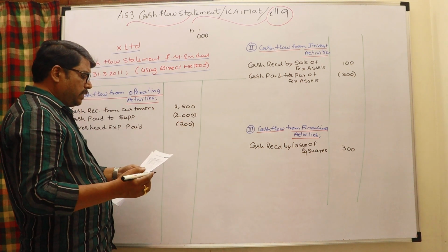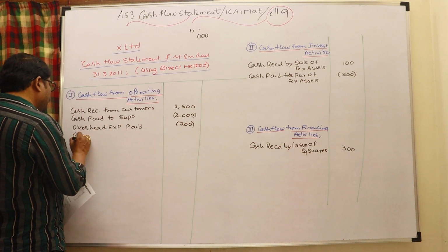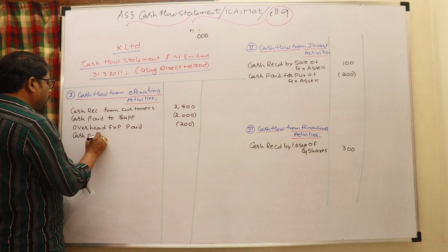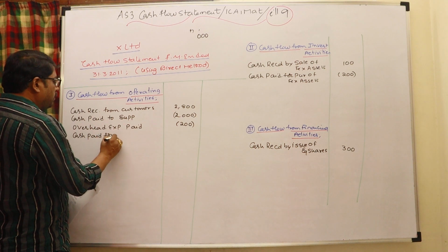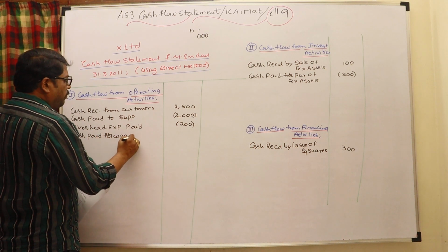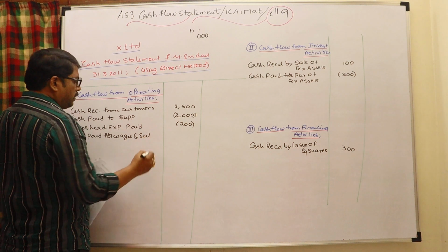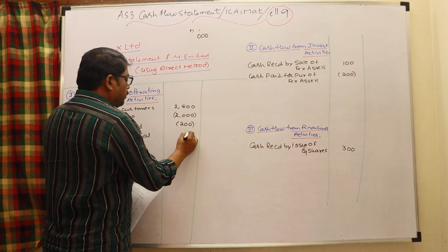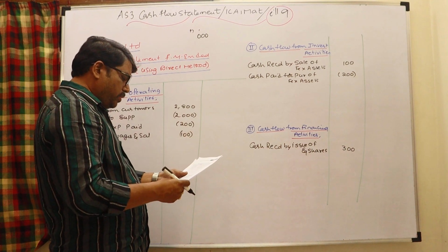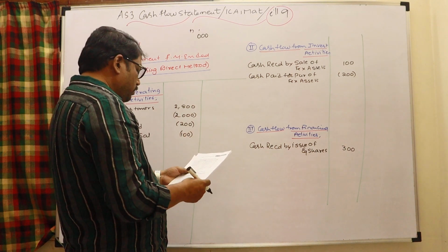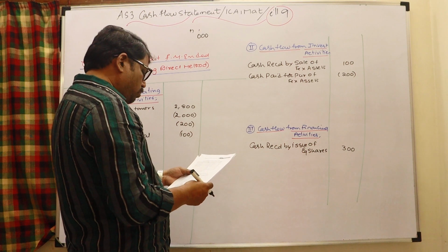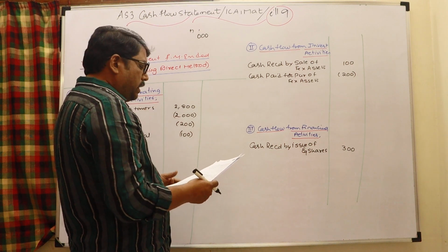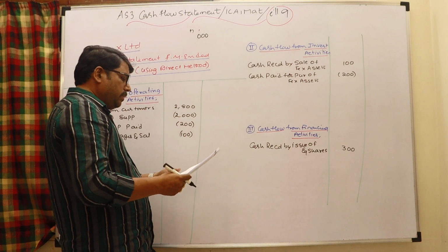Cash paid for wages and salaries, operating activity, 100, which is an outflow. Next, taxation, 250. Of course, we can deduct it from operating activities later.